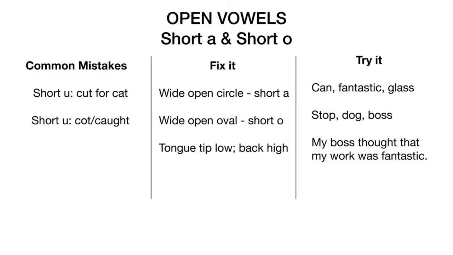Most people don't open their mouth enough, so it sounds like an uh. So this, again, is going to not just impact words with these sounds, it's going to impact the rhythm because the short U sounds a little shorter. I'm going to say sounds shorter than the a and the ah because you are moving your mouth to get to those vowels.